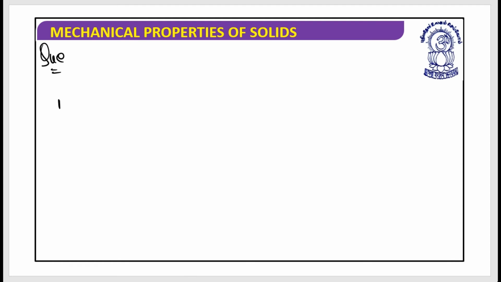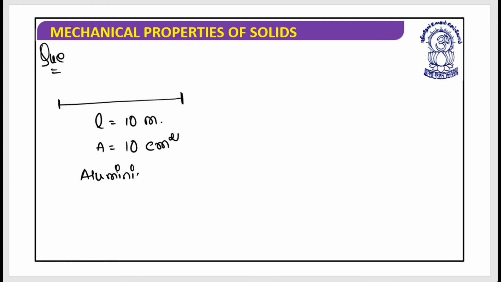Let's suppose this is one of the wires, and this is having a length of 10 meter, and its cross sectional area is 10 centimeter square. It is made up from the aluminum. Let's suppose this is another wire.